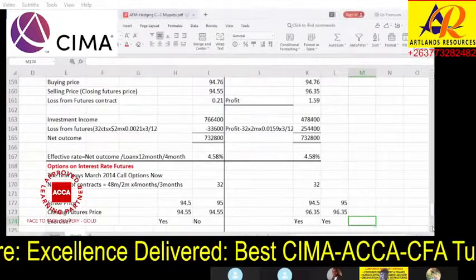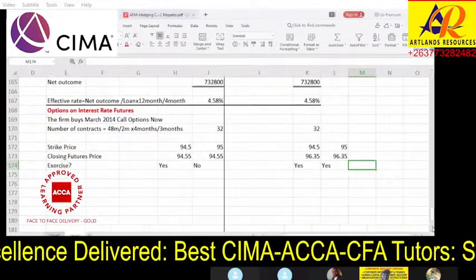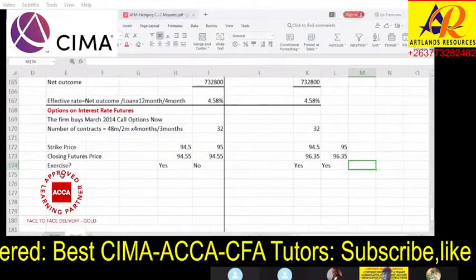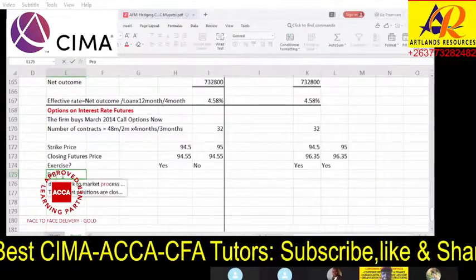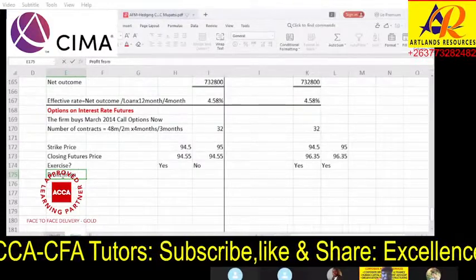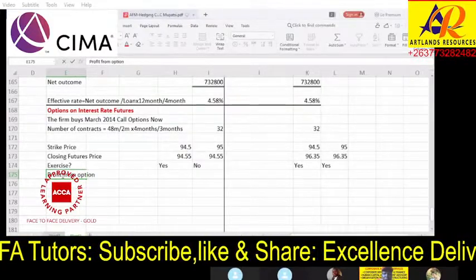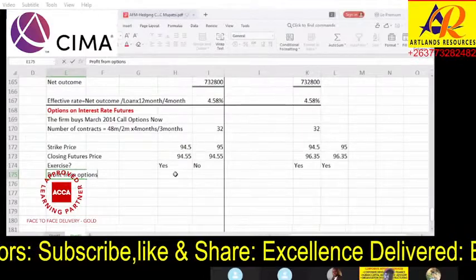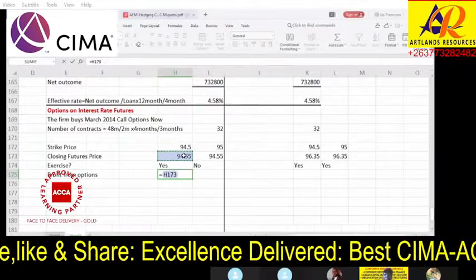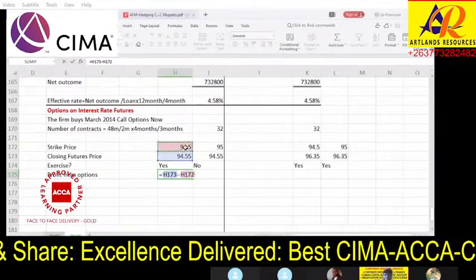So having done this, I need now to calculate profit from options. Profit from options here is a matter of saying this minus this.